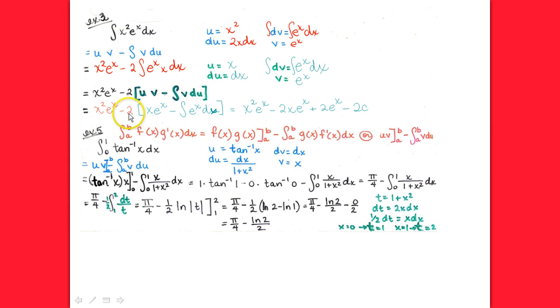So we want to distribute this negative 2 all the way through here. So that's going to give us negative 2x e to the x. Then remember this integration was e to the x. So if we distribute that negative 2 times the negative is going to give us positive 2 e to the x. We also, when we integrated here, got an arbitrary constant of plus c, so we actually have negative 2 times plus c.